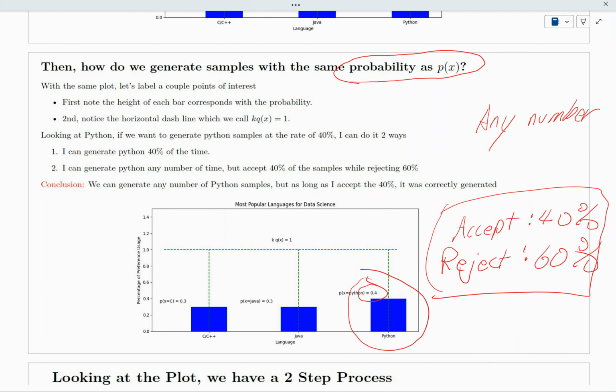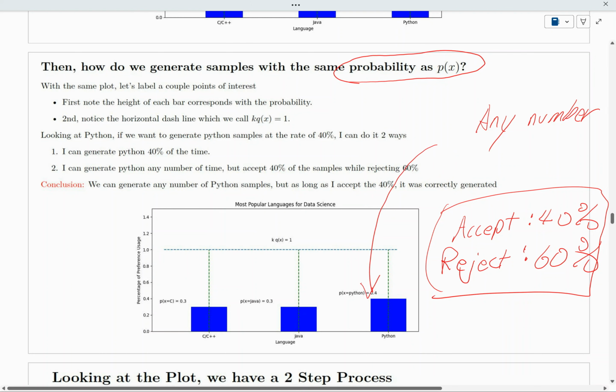So that's a different concept from ancestral sampling. Ancestral sampling is saying that we're trying to generate the data so 40% are Python. That's like ancestral sampling. Now we're saying that we can generate the data at any rate. It doesn't have to be 40%.